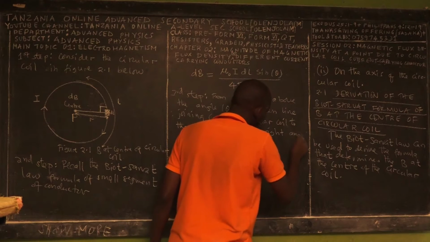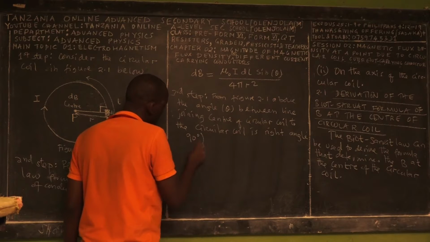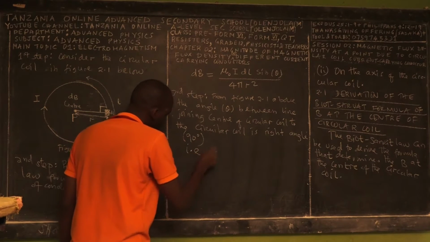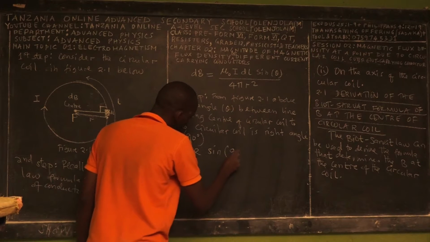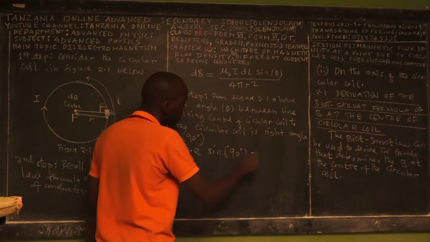That means it's 90 degrees. Sine of 90 degrees is the special angle, which is 1.